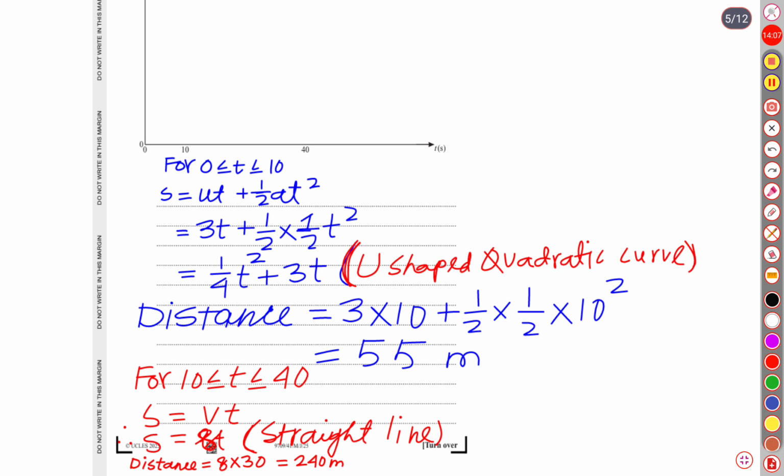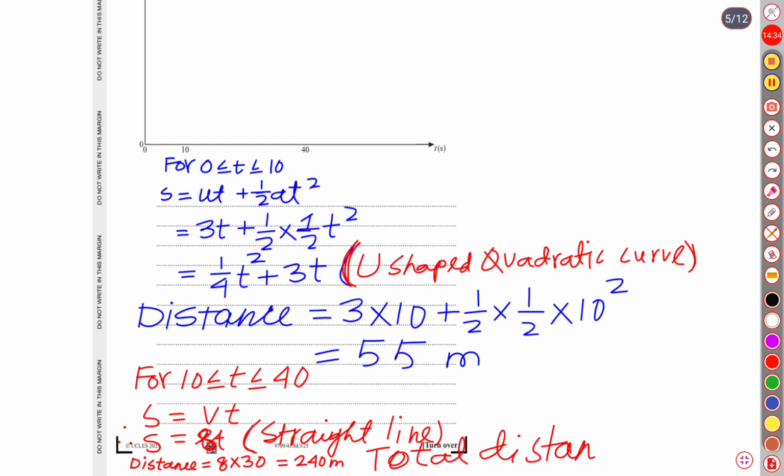Look, this 240 meters was the distance traveled in 30 seconds, but this is not the total distance until 40 seconds. So we will have to write the total distance in 40 seconds. Total distance means the previous distance should also be added.